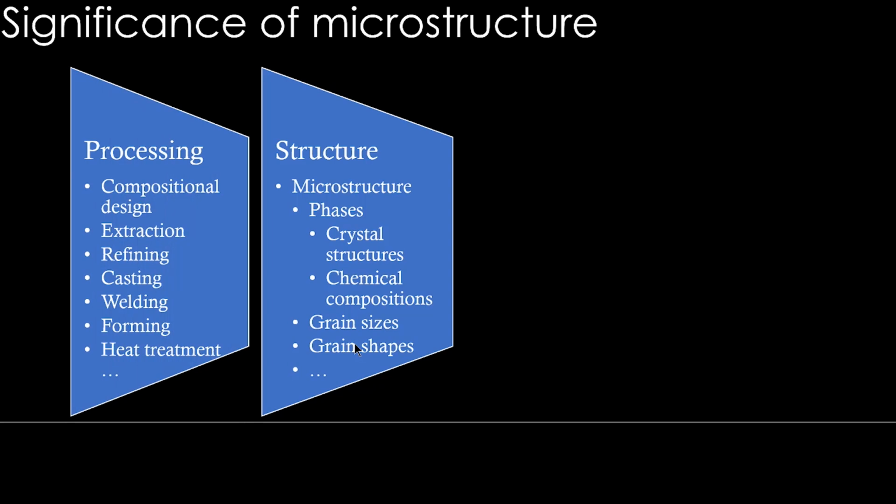The processing. Compositional design is put here as part of processing, but this can even be a separate entity which affects the microstructure. That is how important it is. This particular course will largely deal with how to select the right composition to get the right microstructure. Chemical composition selection is called compositional design.